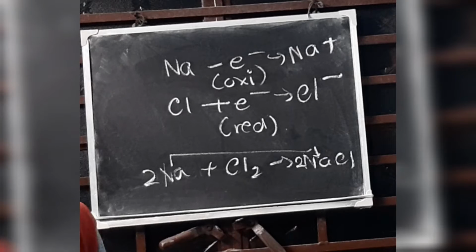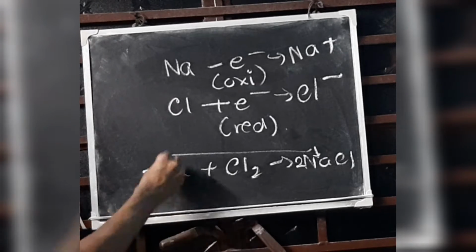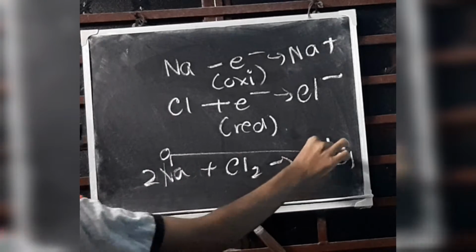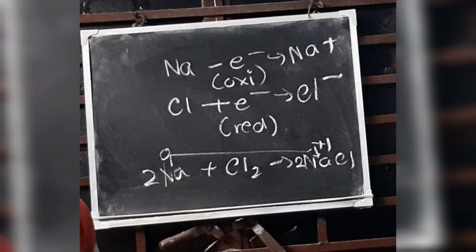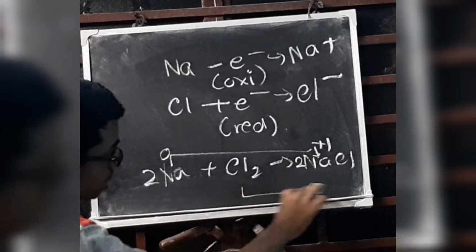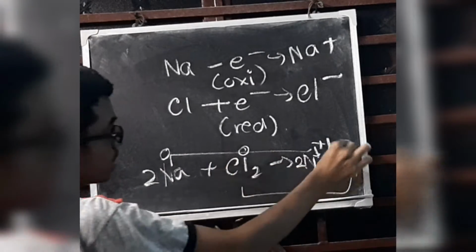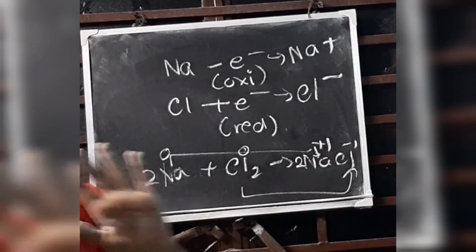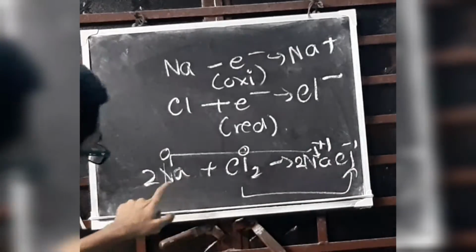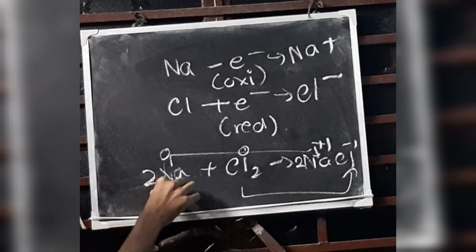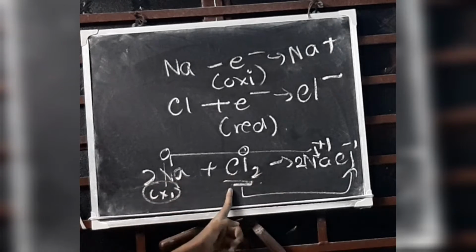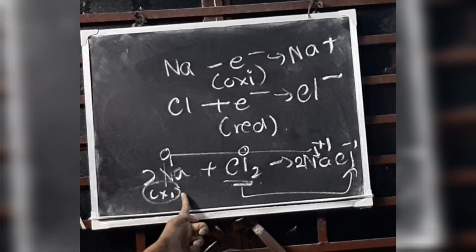Obviously it has oxidized, because initially it was in the state 0, now it is in the state plus 1. So it has increased, so it is oxidation. But this is reduction, because this was 0 and now it is minus 1. So this has decreased, so this is reduction. Now this is undergoing oxidation and it is simultaneously reducing the other one also. So this is acting as a reducing agent.